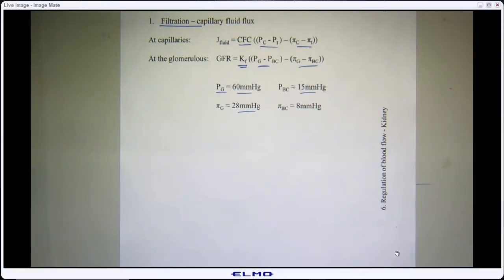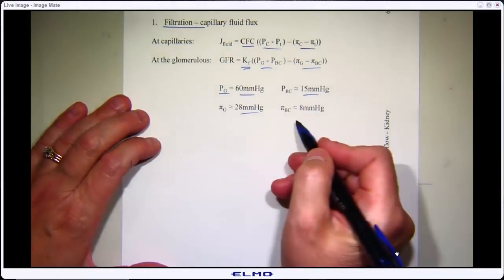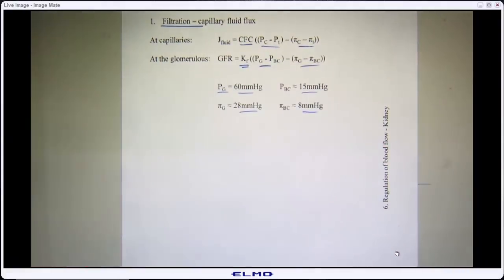So it has the same osmotic pressures for movement. Remember, osmotic pressures for movement were dictated by the proteins and then the ions attached to the proteins. And in the Bowman's capsule, it's about 8 millimeters of mercury. We don't filter a lot of proteins. So we filter a lot of stuff here, but we don't filter a lot of proteins.